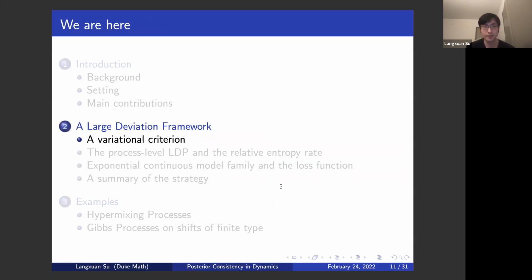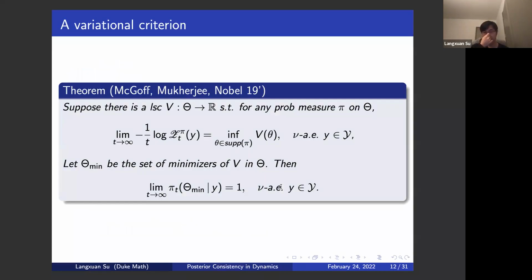Okay. So now we're going to talk about the key part of this work, which is the large deviation framework and how to see the connection to large deviation. The starting point is actually previous results from a preceding work by McGough, Mukherjee, and Nobel. What they show is that, suppose one can find a lower semi-continuous function v defined on the parameter space, such that for any probability measure on the parameter space, one can prove this limit.